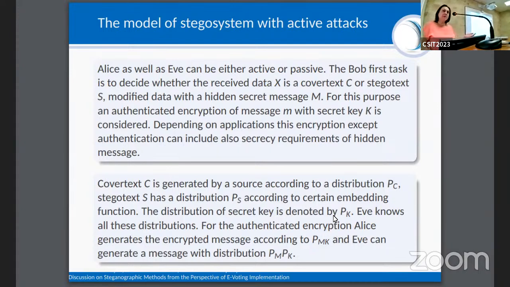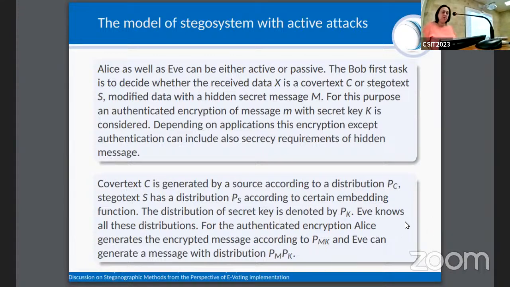And if yes, then Bob goes to the second stage, when he must decide: is it a legitimate source of information or is it fake information from the attacker?